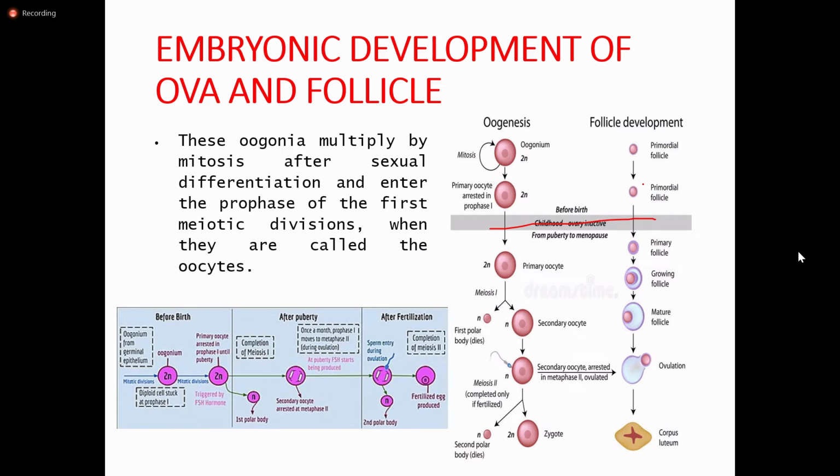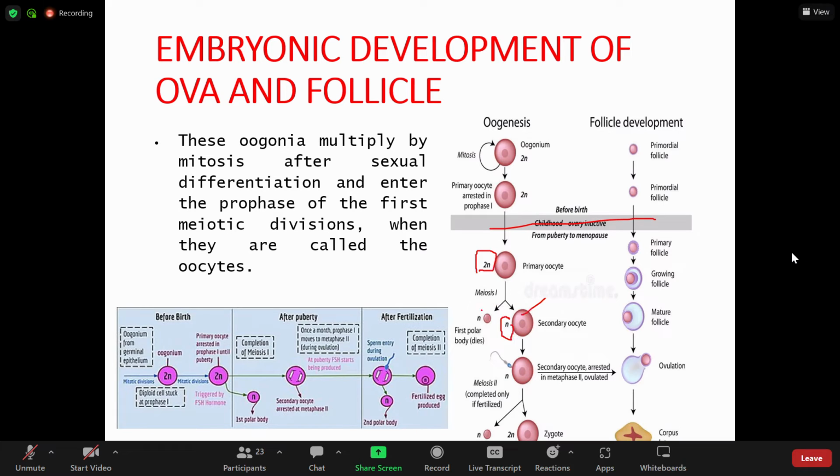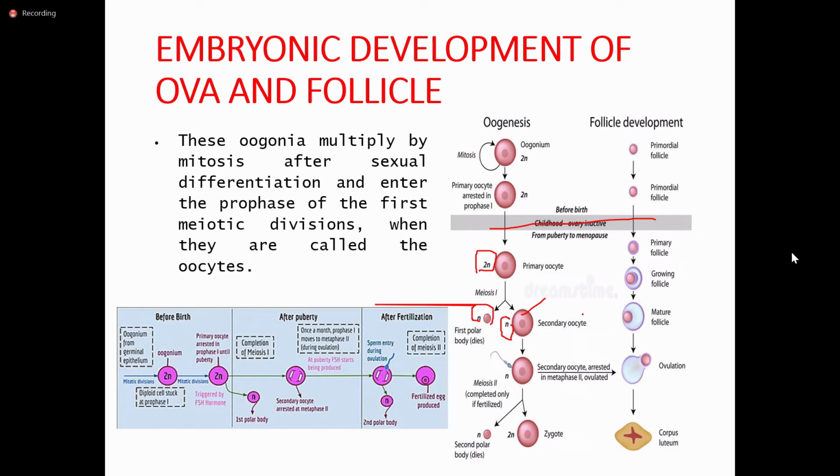So from the primary oocyte, this will undergo meiosis or the reduction division. So from the production of a diploid, there will be a production of haploid secondary oocyte and then the first polar body. The secondary oocyte is capable now of receiving the sperm cell, and by the time that it has been penetrated by the sperm cell, then here comes the completion of the oogenesis.